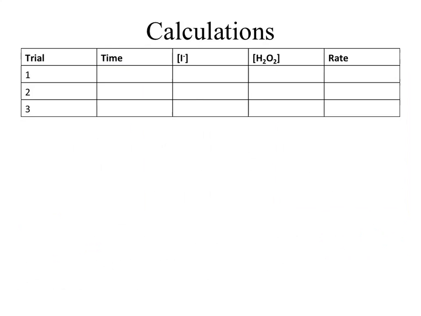What happens to the volume? Volume changes. So to calculate your concentration of iodide, I'll give you a quick idea on what's going on here. We know the amount of moles that we added in the course of the reaction, right? Let's say trial 1. What was the volume of iodide added in trial 1?